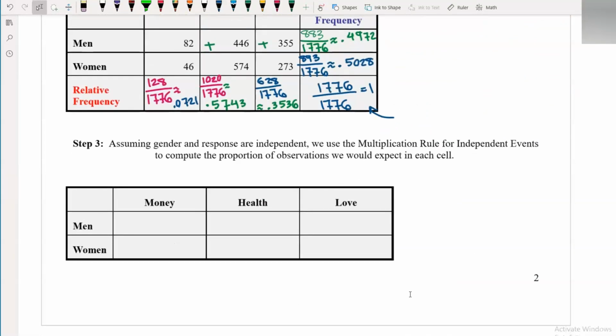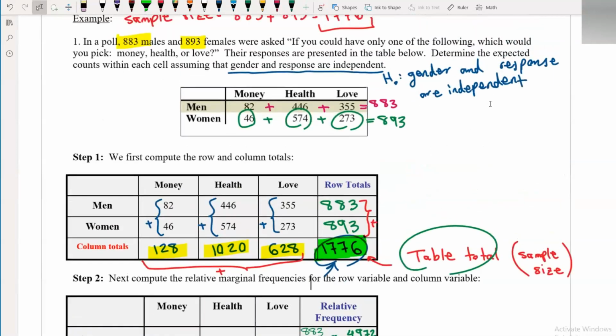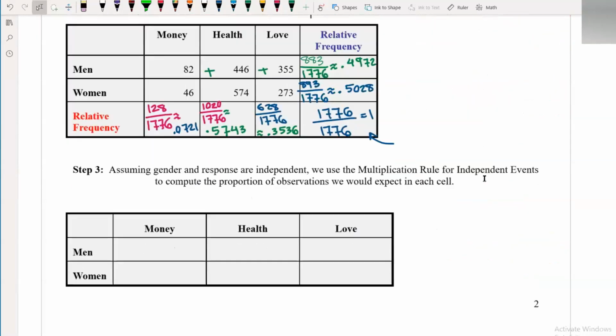Now step 3, assuming gender and response are independent. So this was given already. That is our null. We assume that one. We use the multiplication rule for independent events to compute the proportion of observations we would expect in each cell. So here we're going to use the multiplication rule.